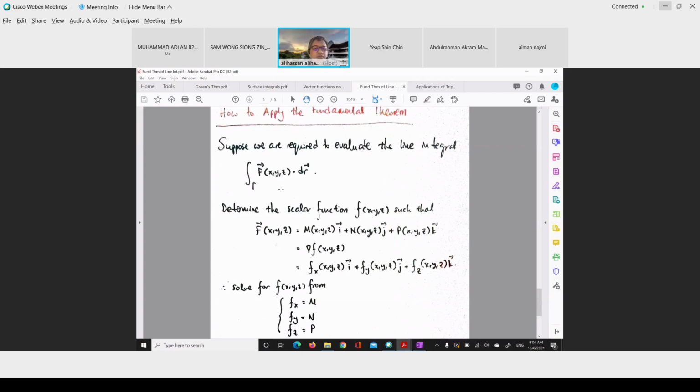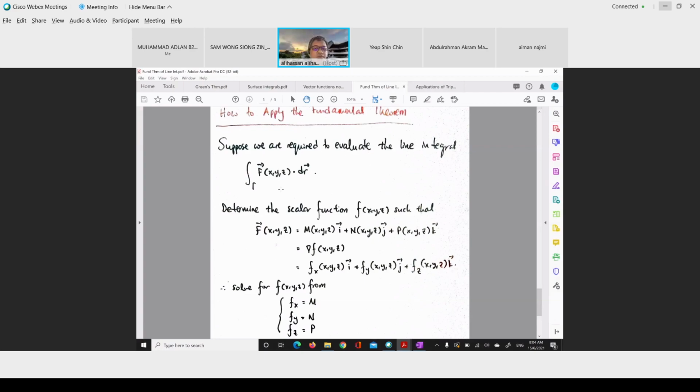If the scalar function phi exists, such that the vector field F is equal to the gradient of phi, and remember the gradient of phi is a vector field, then the line integral is equal to phi at the terminal point minus the value of phi at the initial point. This is an extension of the fundamental theorem of calculus.